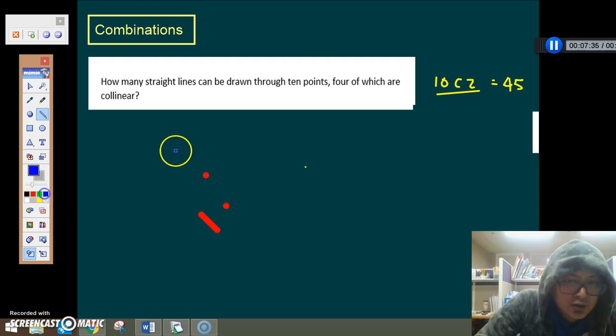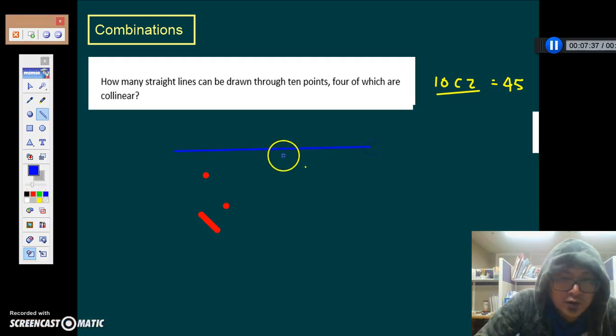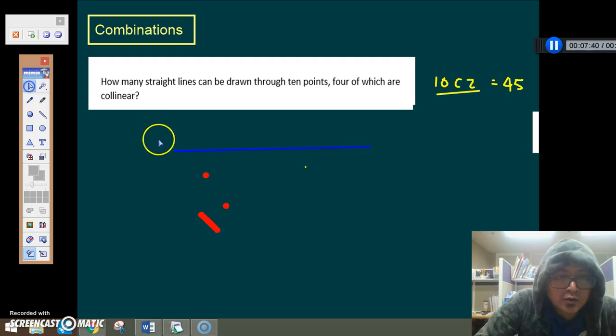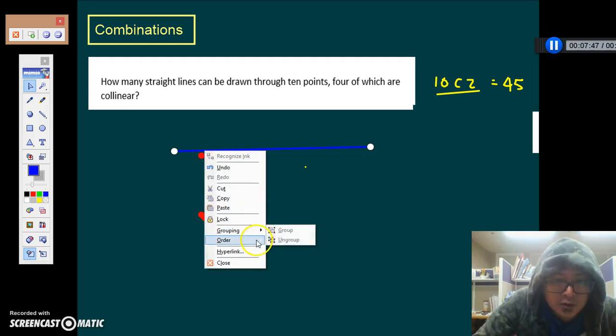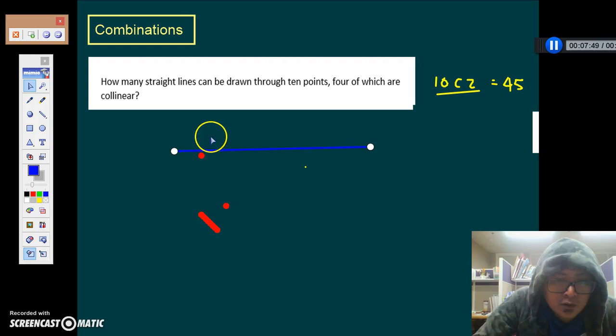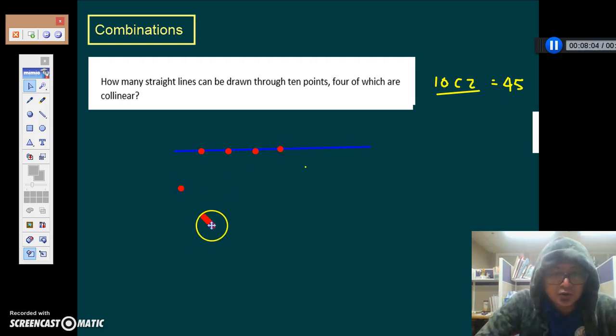Let's have this line, blue line. Okay, those are the 4 points that are collinear, and these other 6 points, no 3 of which are collinear.